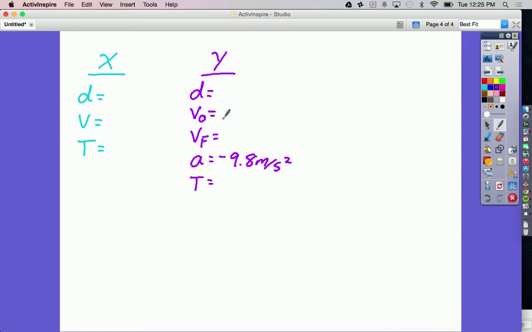If it is launched at an angle, then the direction of that launch might look something like this. This would be where the velocity actually is, in which case we'd have to break it into the x speed and the y speed. You might notice that looks just like a right triangle, because it is.